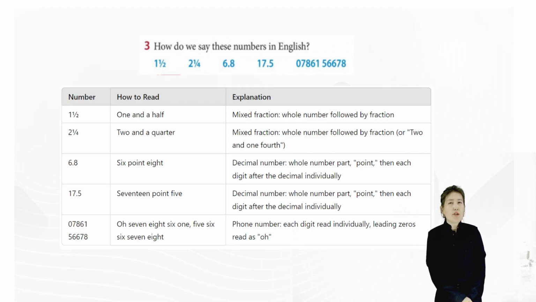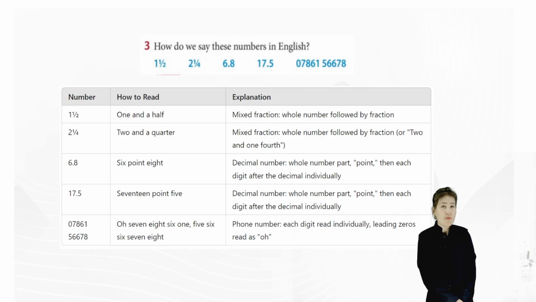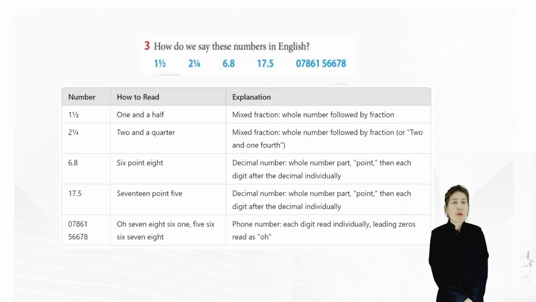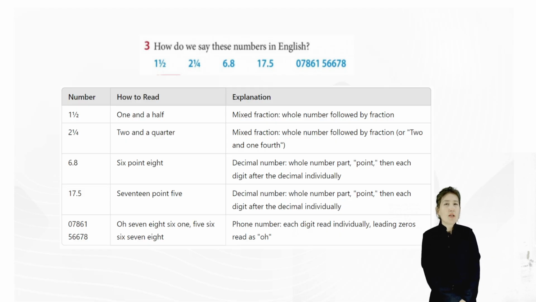How to read 2.25. Explanation. Another mixed fraction read as the whole number followed by the fraction. A quarter is a common way to say 1/4.